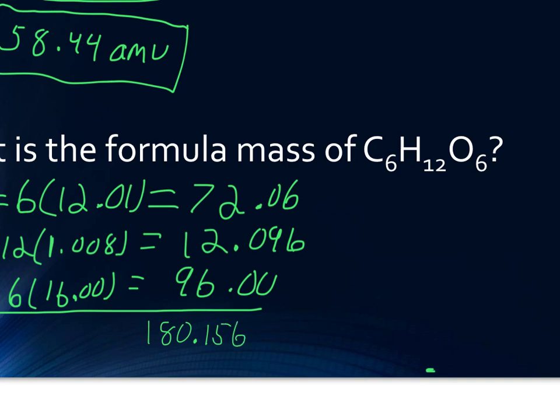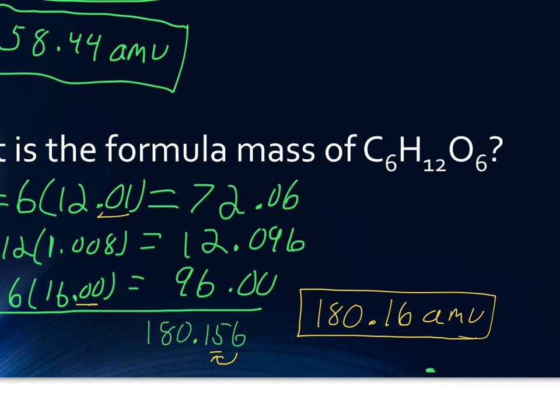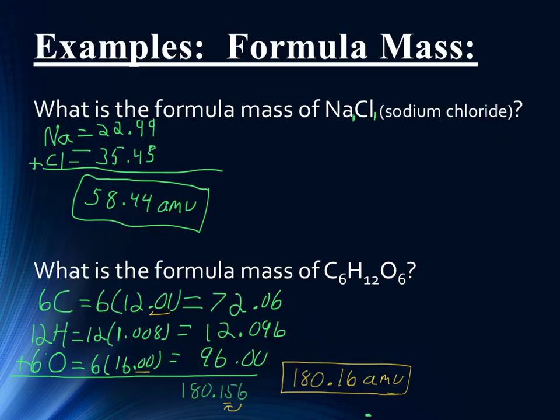However, if I look here, the oxygen and the carbon both have 2 decimal places, so I need to round to that second decimal place. The digit after it is a 6, which is above 5. If it's 5 or more, raise the roof. And so we have 180.16 AMUs as our formula mass of glucose, which is C6H12O6.